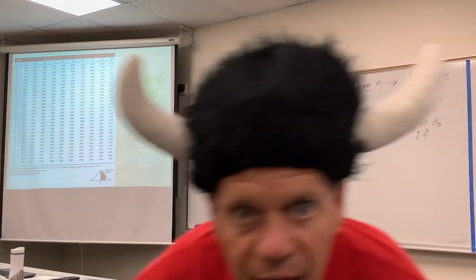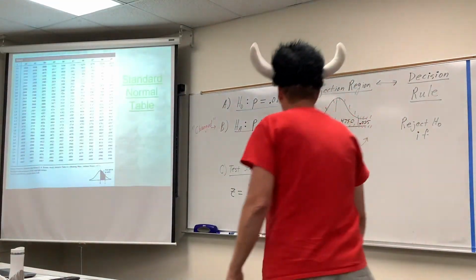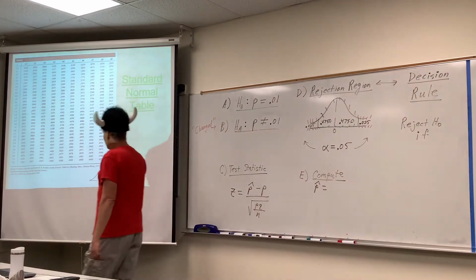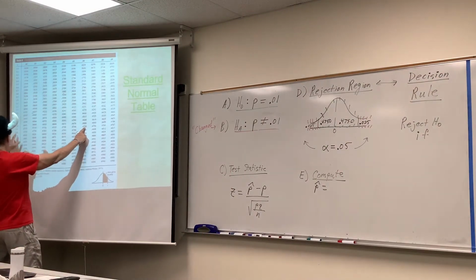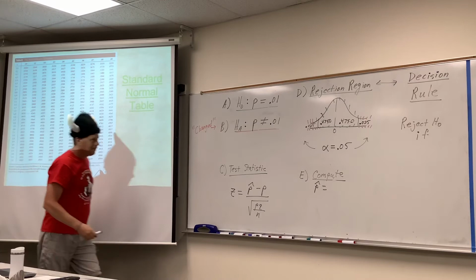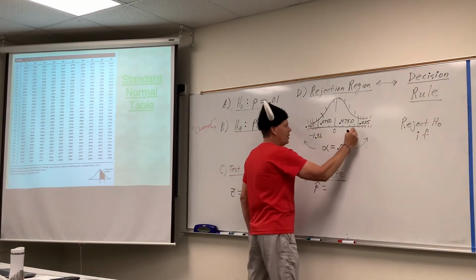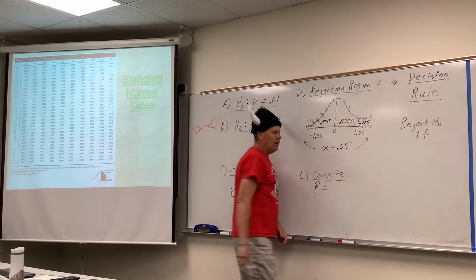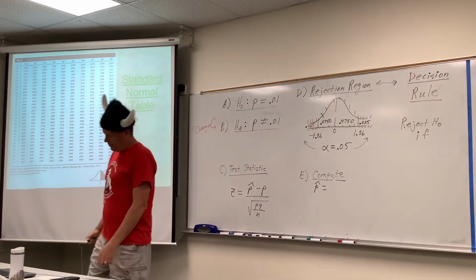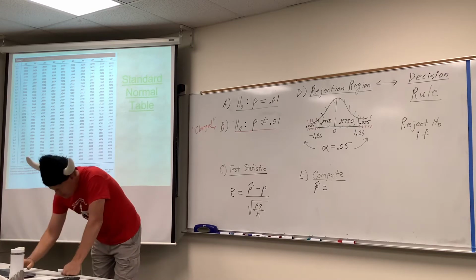Table time. All right. 0.4750, 1.96. Negative 1.96, positive 1.96. There's two possible rejection regions. It's a two-tailed test.